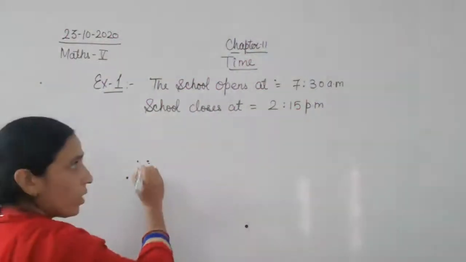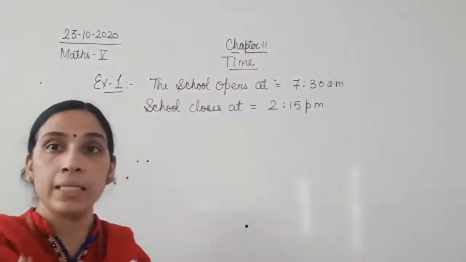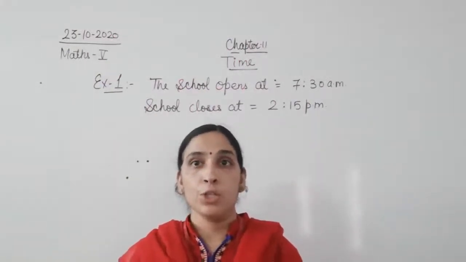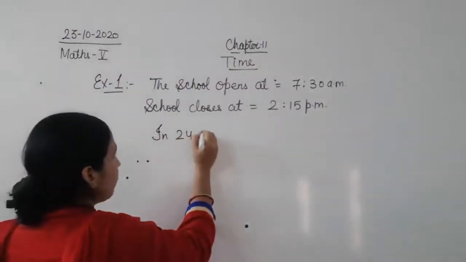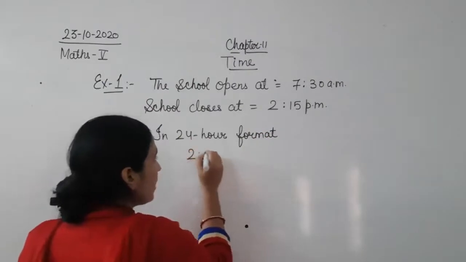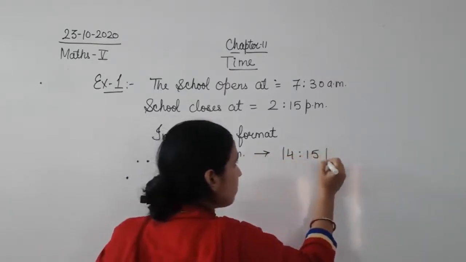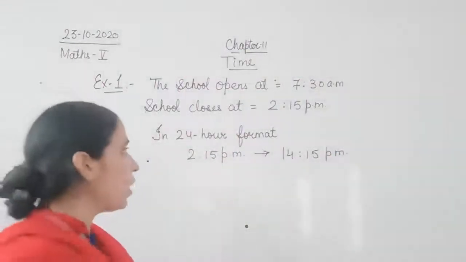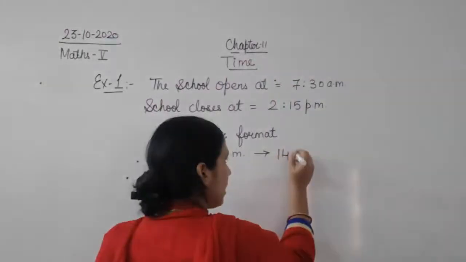We have to find the total duration of the school, so we'll use a standard method which will be applicable for all questions. Here we will write in 24-hour format: how can we write 2:15 PM? It can be written as 14:15 hours.